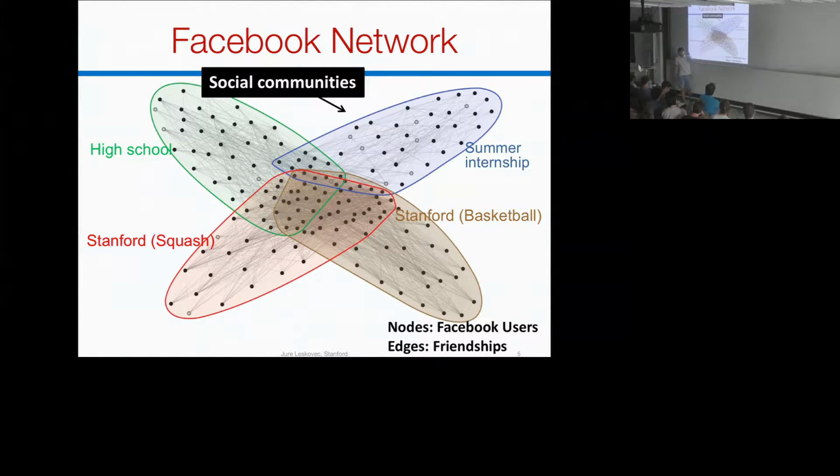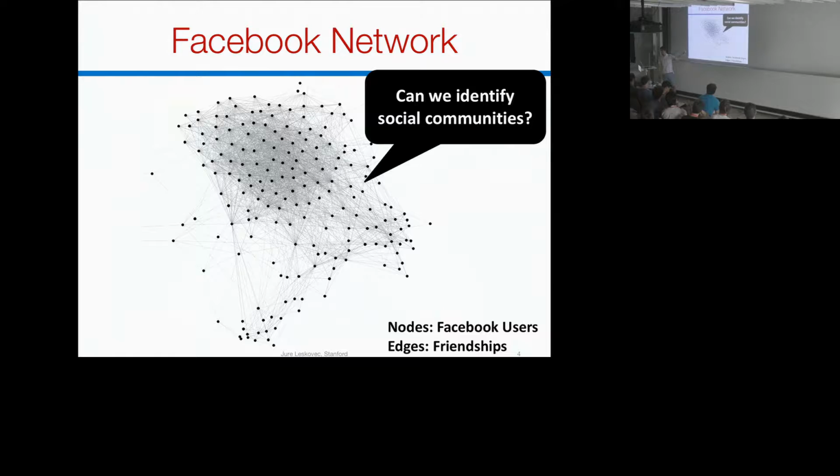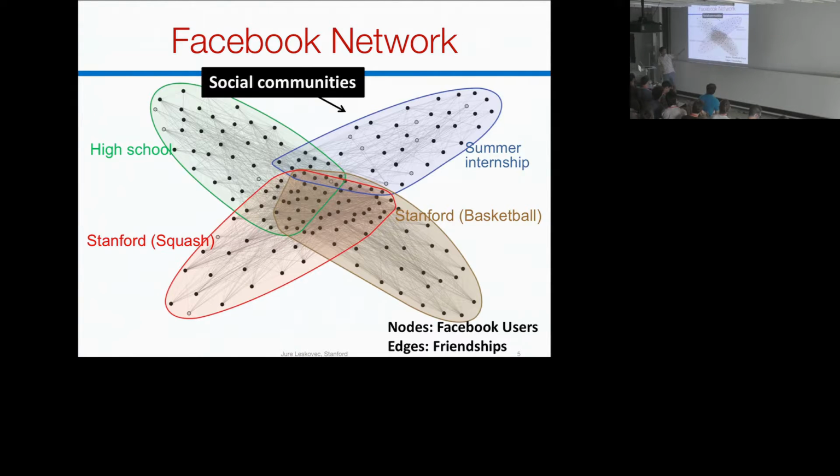One is around squash, and the other one is around basketball. So here you have these four different groups, and certain people belong to more than one group. So these groups overlap. And this may now seem nice because we drew it this way, but this is really what the input is. And the question is, given this input, can you discover this type of overlapping structure? Okay, so that's what we'll talk about.